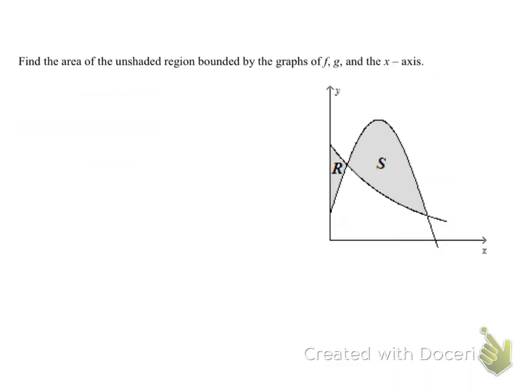Now, the next question, find the area of the unshaded region bounded by the graphs of F, G, and the x-axis. So what it's looking for is all of this right here. Now this can get kind of tricky, because you have to take it in pieces. So I'm going to break it up at the intersection points, and we want that area there. My first integral is going to be this chunk here.